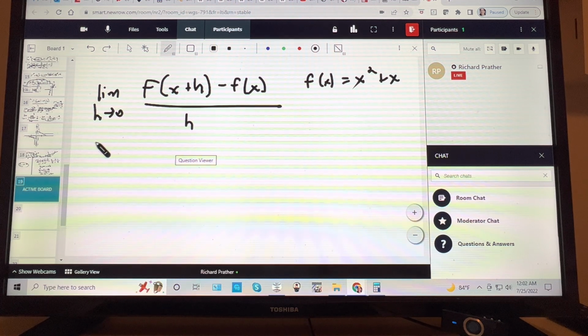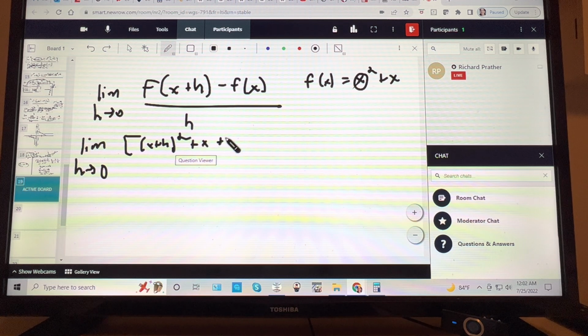So we need to do x plus h squared, that's taking the place of this x right there, plus another x plus h, taking the place of that x. But there's no numbers here to distribute.